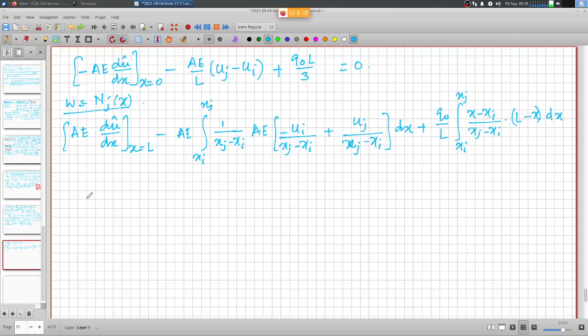So again this can be evaluated. We consider xi is equal to 0 and xj is equal to L. So this evaluates to, this one was at xj, AE du by dx at x is equal to L, minus AE by L.